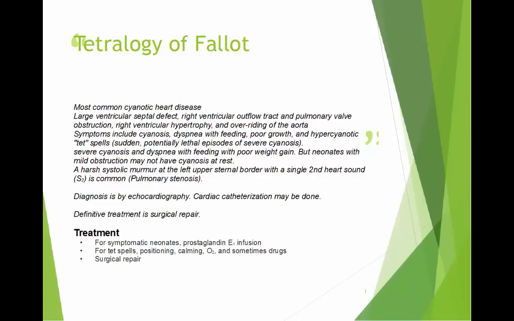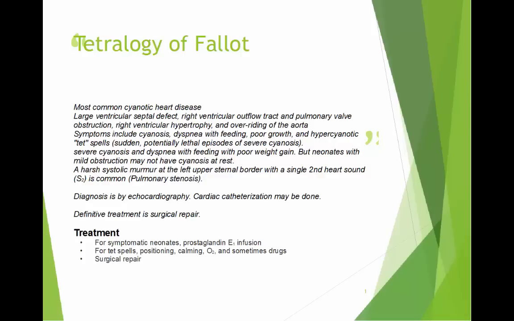The mechanism of a TET spell remains uncertain, but several factors are probably important in causing an increased right to left shunt and a fall in arterial saturation. Factors include increased right ventricular outflow obstruction, increased pulmonary vascular resistance, hyperpnea, and increased adrenergic tone.